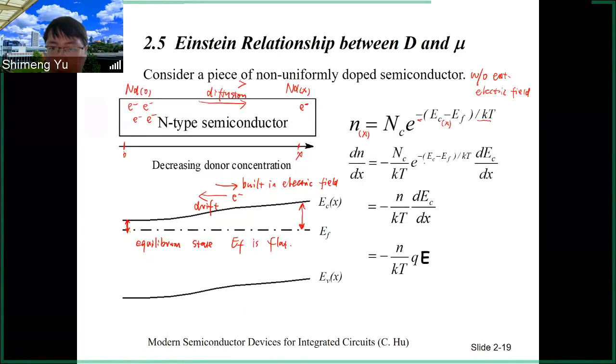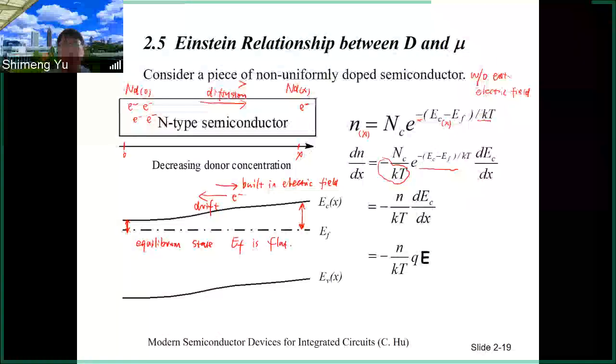So that's why you have this kT and the negative sign in front of the exponential. And then you have dEc over dx. Still you have the exponential here. This is the chain rule in calculus, if you want to recall your calculus.